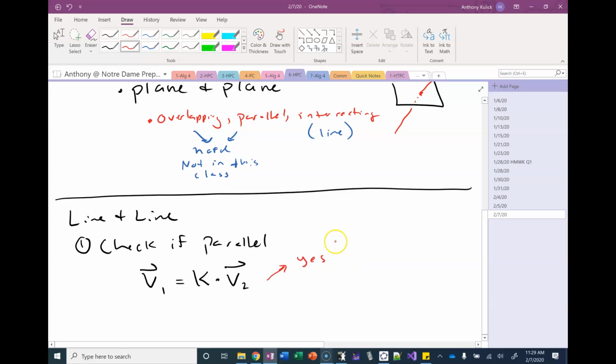So if the answer to this is yes, if there's a value for k that satisfies that equation, we know that this is either parallel or overlapping. And if not, it's either non-parallel, non-intersecting, or intersecting.